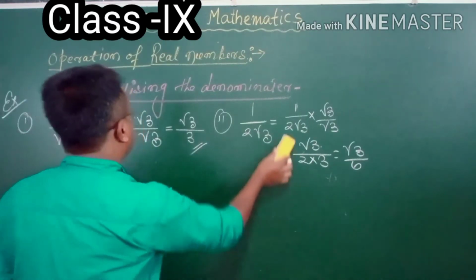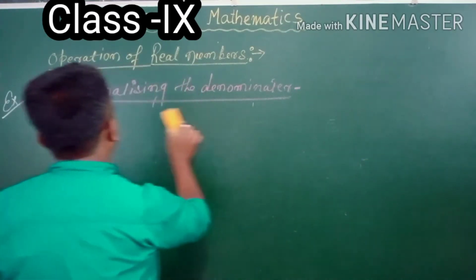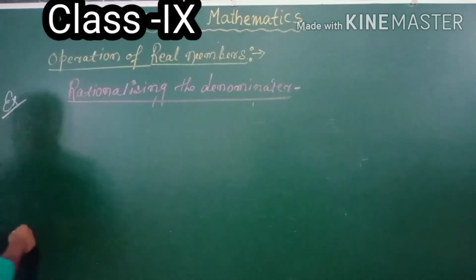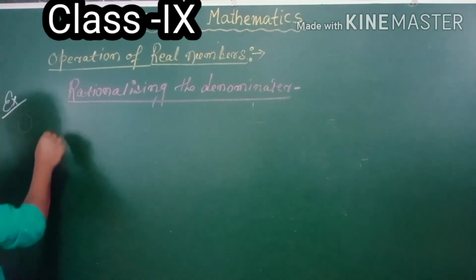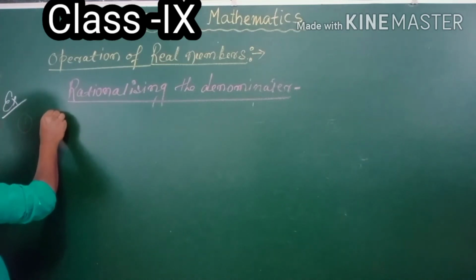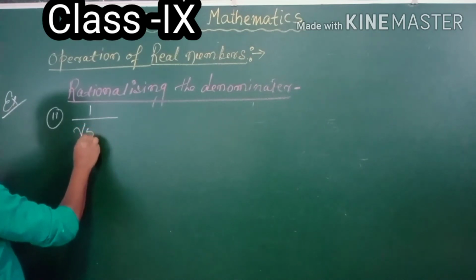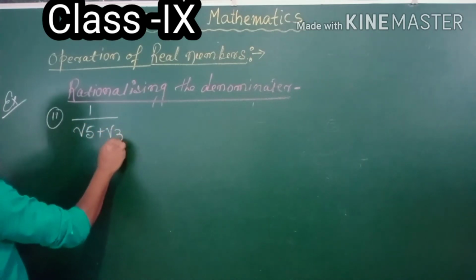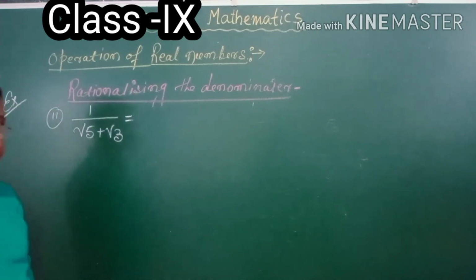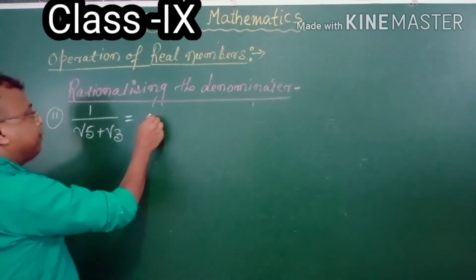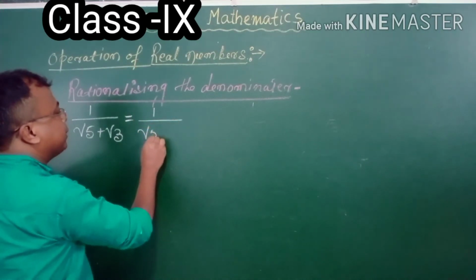So let us take some more examples. 1 by root 5 plus root 3. This is a little bit different from the other one. Now how to rationalize this one?